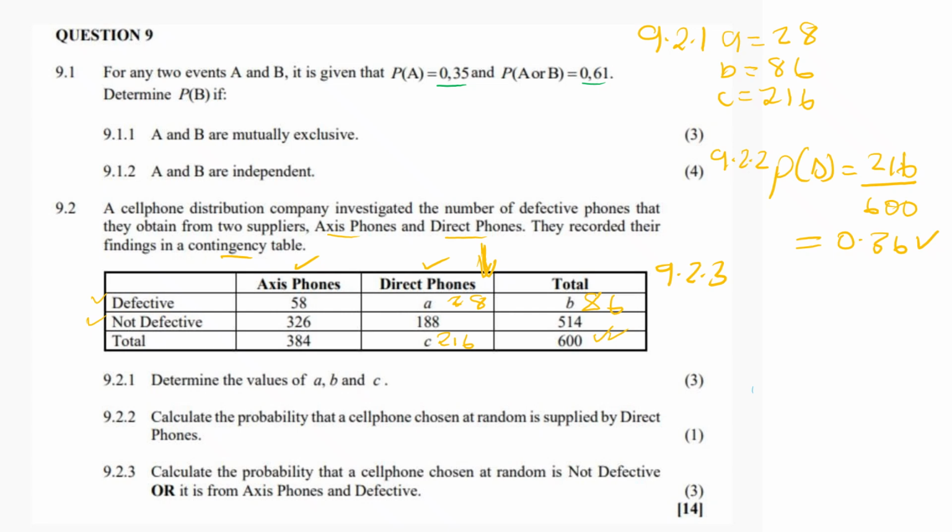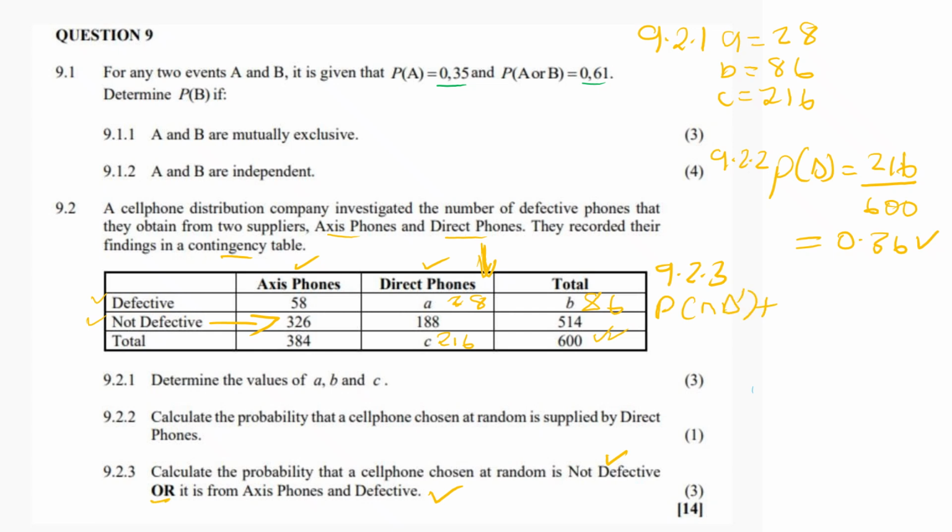And now 9.2.3. Calculate the probability that a cell phone chosen at random is not defective, or it is from Axis Cell Phones and defective. Good. For those who are not defective, these are the total of not defective cell phones. We can first say the probability of not defective, the defective complement, and we're adding it.